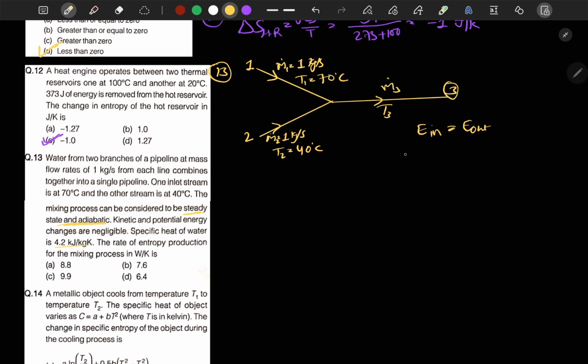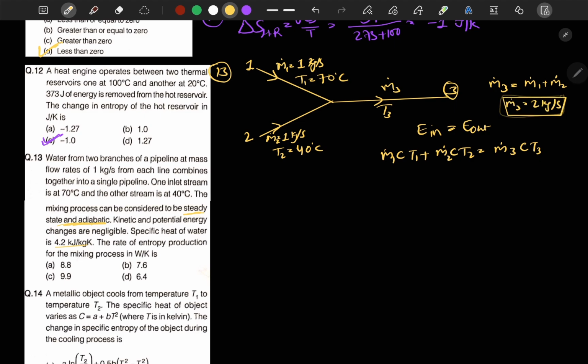So m dot 1 c T1 plus m dot 2 c T2 is equal to m dot 3 c T3. And from mass conservation, m dot 3 is equal to m1 dot plus m2 dot, so m3 dot is equal to 2 kg per second.